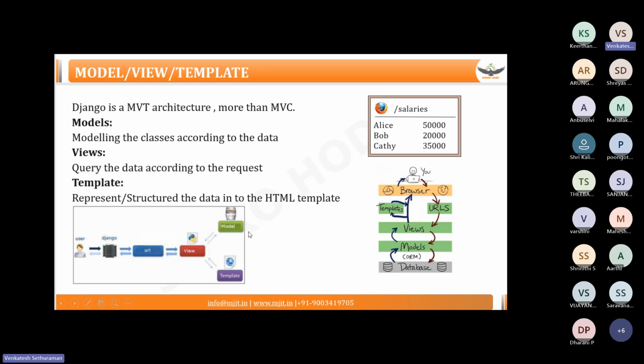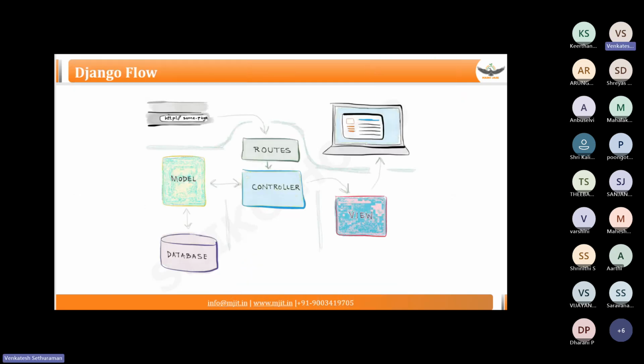According to the model, the view decides which template and which data has to be shown for the user request. That's the concept behind Django: the model, views, templates and the URLs.